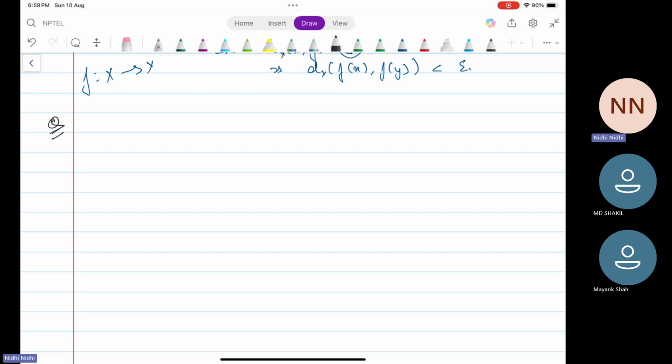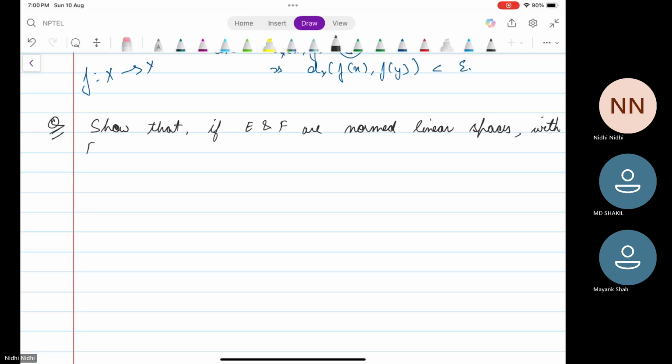If E and F are normed linear spaces with F being a Banach space, then the space is L(E, F).